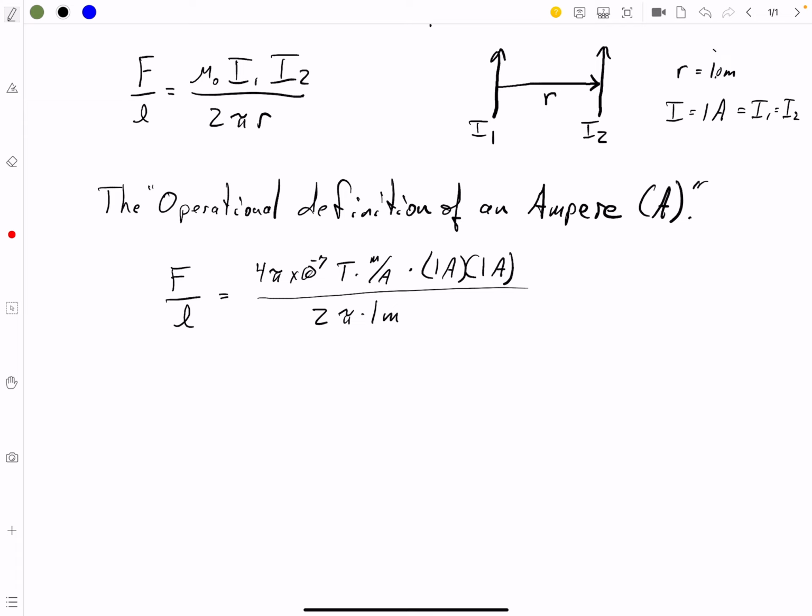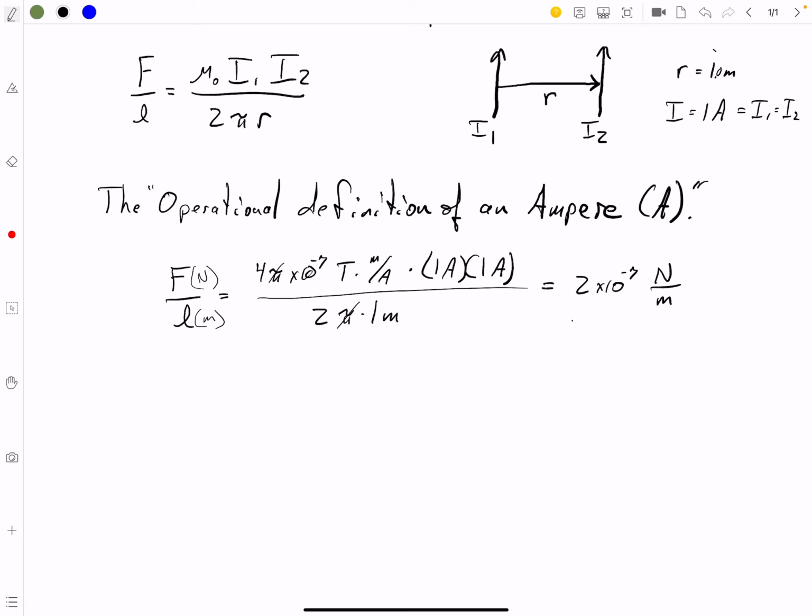And when you do this, the pi's cancel. 4 divided by 2 is 2. So you're left with 2 times 10 to the negative 7 newtons per meter. Okay, and it should be newtons up here, meter down here. So it should be newtons per meter, and that's what it is.